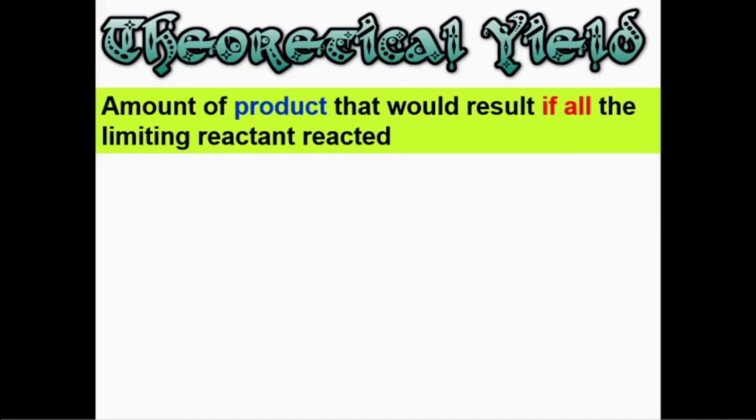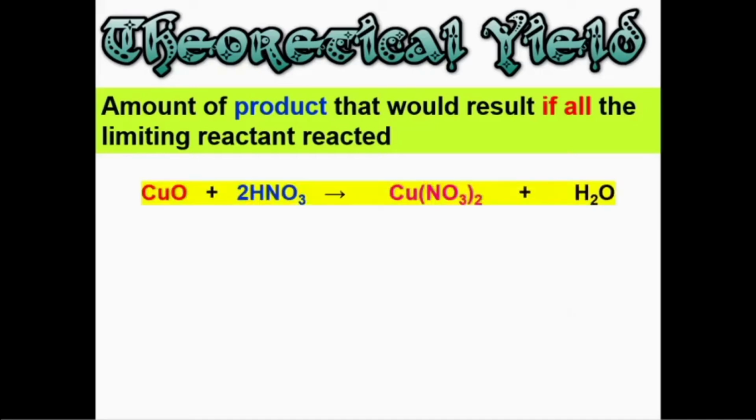For example, let's use this equation once again, the problem that we are discussing right now. From the balanced equation, we know that 1 mole of copper 2 oxide reacts with 2 moles of nitric acid to produce 1 mole of copper 2 nitrate and 1 mole of water.